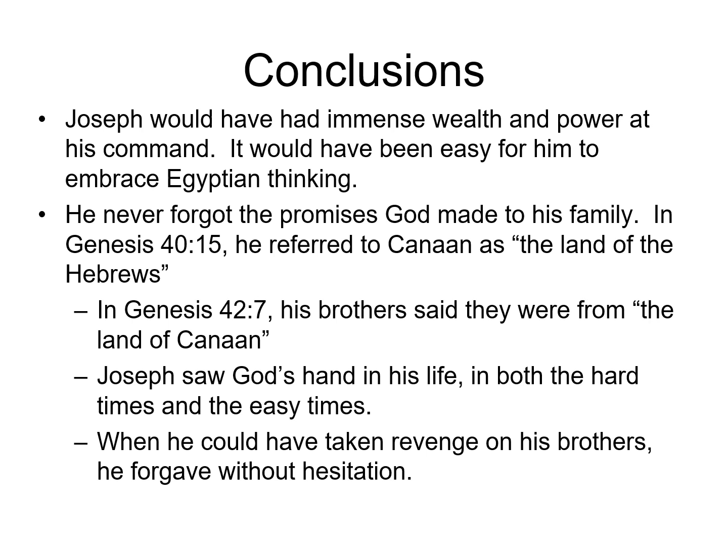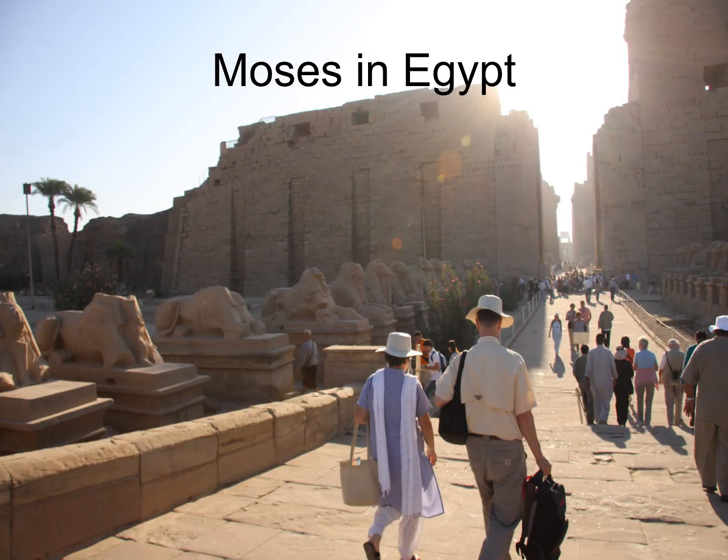We need to have this focus on the promises of God, where we are remembering how we are citizens of the kingdom of God now, as well as in the future, so that we are thinking about how we are part of that kingdom now, in the same way Joseph did, rather than identify with the world around us like his brothers did. So now let's take a look at what Egypt was like during the time of Moses.